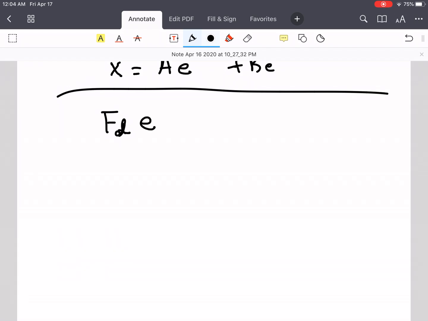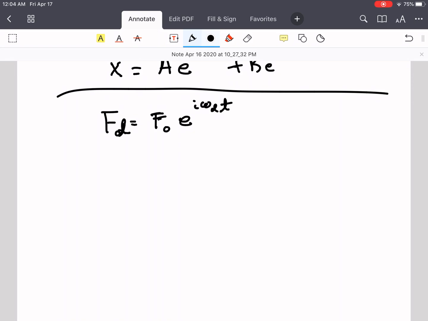I can do an imaginary drive. So I would have this drive force, which is just some overall force amplitude. Let's call that F0. That's a real number. Times e to the i omega drive times t.